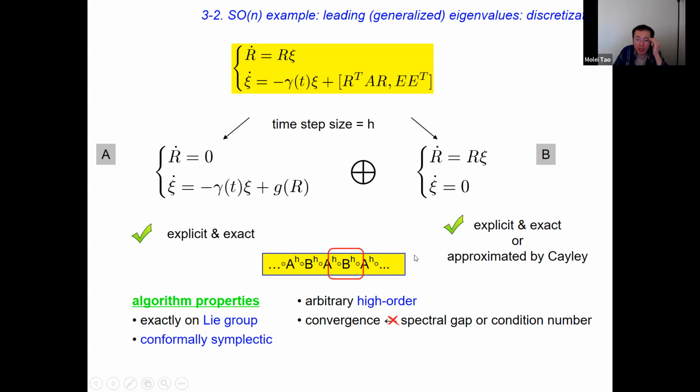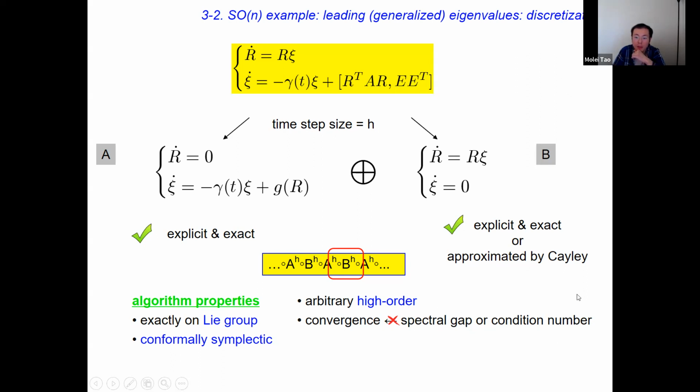And the convergence property is very nice. Usually in numerical linear algebra, if you want to get the top eigenvalues, or actually all the eigenvalues, or just the first eigenvalue, you will rely on the spectral property of A. For example, how large is the largest eigenvalue when compared to the smallest one? This is known as spectral gap.